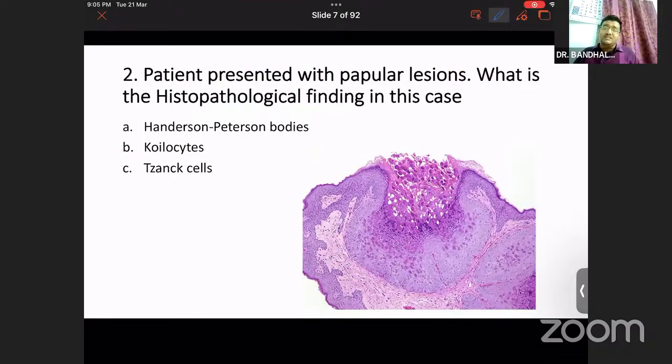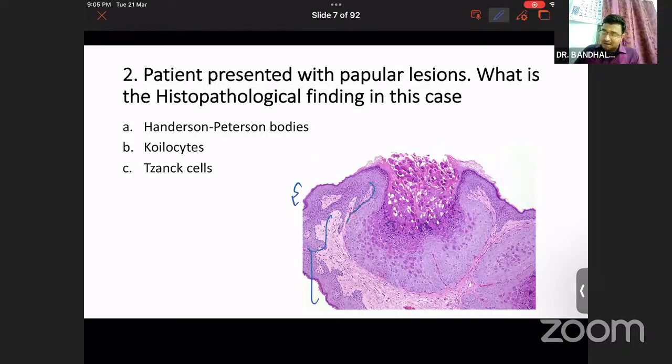The next question: a patient presented with papular lesions. What is the histopathological finding in this case? The image was given like this. The options given are Anderson-Peterson bodies, colloid cells, and Zang cells. If you see the image, this is the epidermis and this part is the dermis.